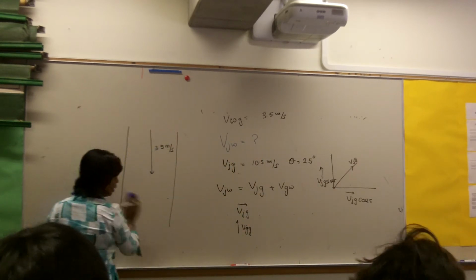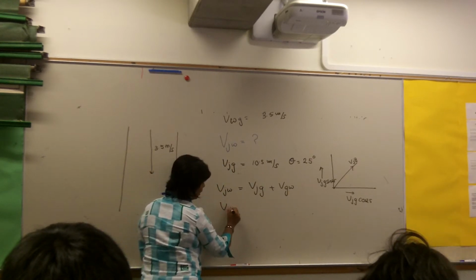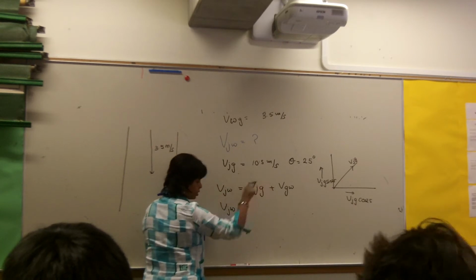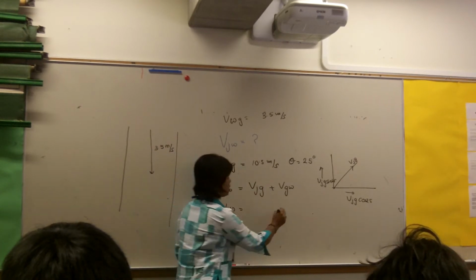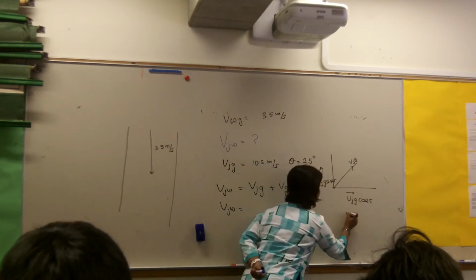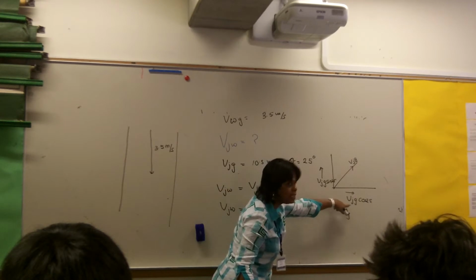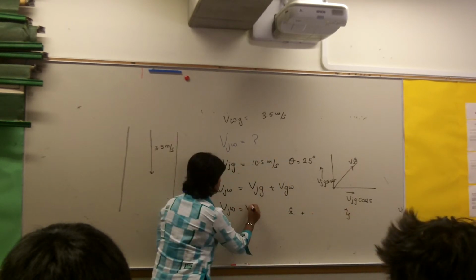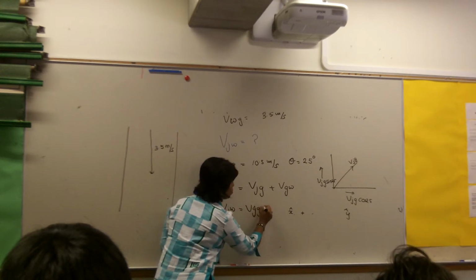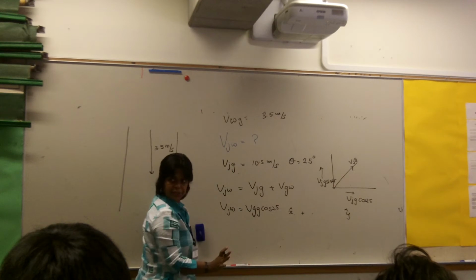So we can now write down, since we are adding the components, this direction which is your x, and then you have y. So the x direction is VJG cosine 25, right? Is that clear to you?